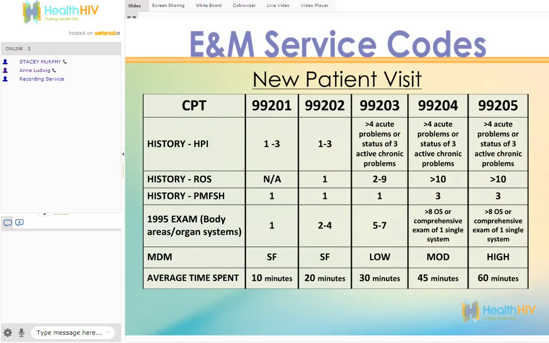Okay, so in webinar series 1, we spoke about the E&M Service Codes. So this slide provides you an overview of the new patient visit codes, your 99201 through 99205.